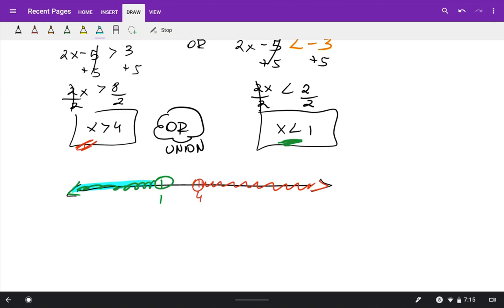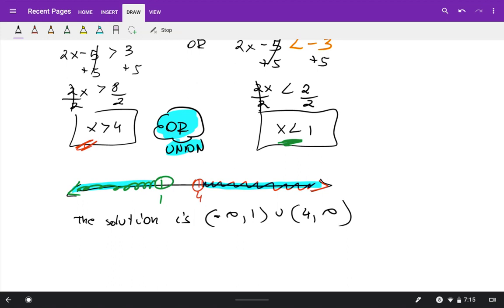So we shaded here and we shaded here. So this is our union, this is our solution. It's not the intersection. So the solution is the interval from negative infinity to 1, union, because we're adding the second interval, 4 to positive infinity. So this is the solution of this absolute value inequality.